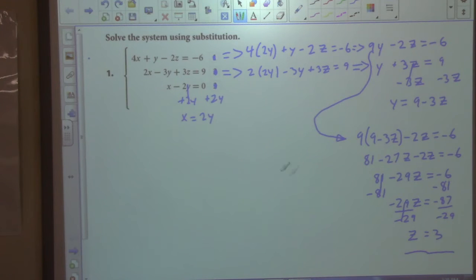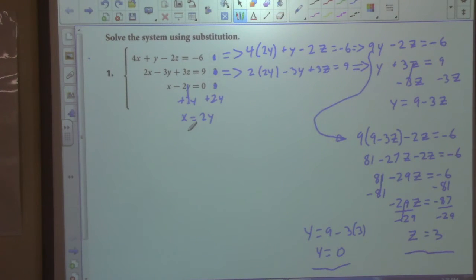But anyway, now can we find out what x is? Well, no, we can find what y is though, right? So for y, we're going to say y is equal to 9 minus 3, and z is 3, so 9 minus 9, y is equal to 0. And now can we find out what x is?